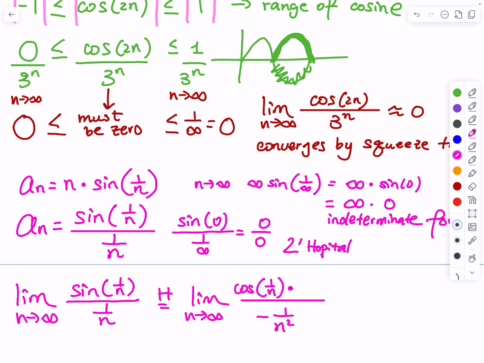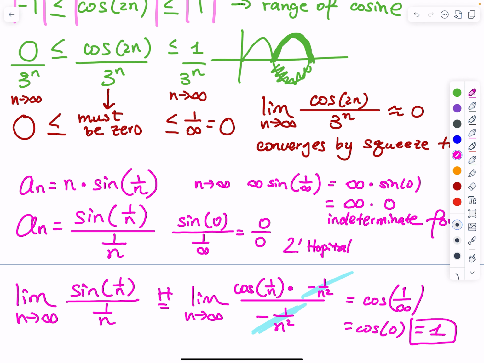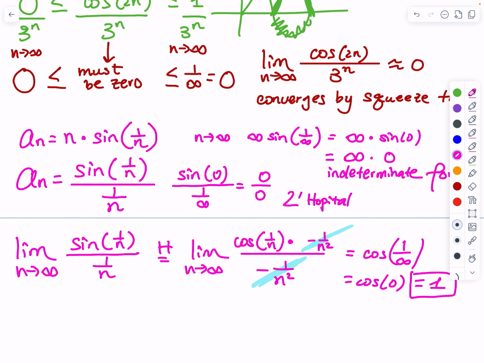Then by the chain rule, the derivative of 1 over n is negative 1 over n squared. You can see that these two pieces cancel, and that leaves you with cosine of 1 over infinity, which is cosine of 0. Cosine of 0 equals 1, which is a real number, not infinity and not undefined. Since the limit exists and equals a real number, we say the sequence converges.